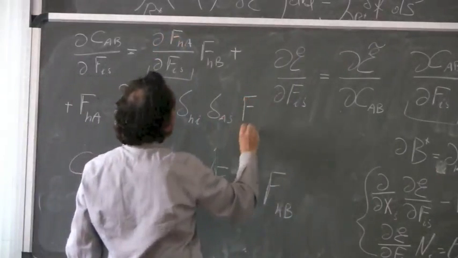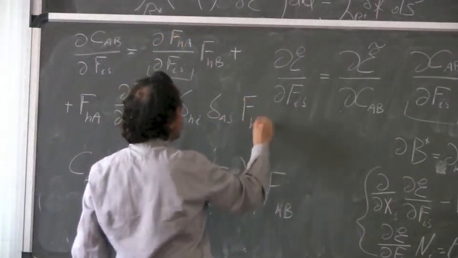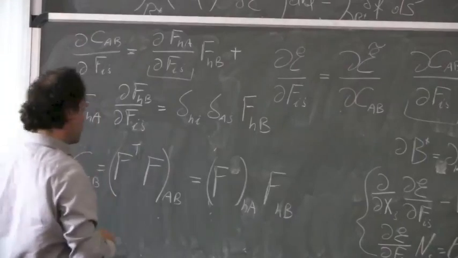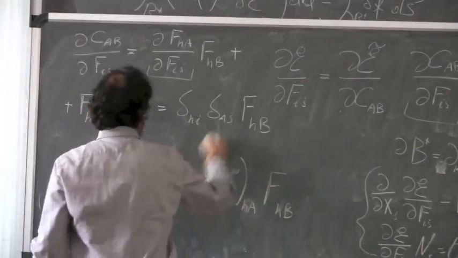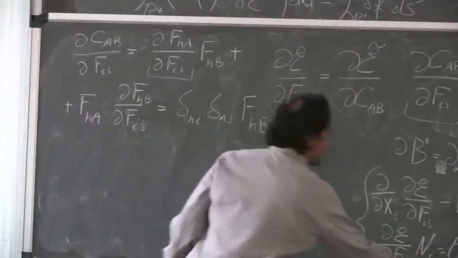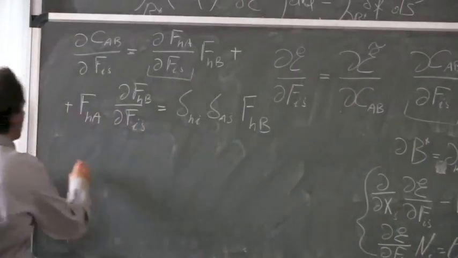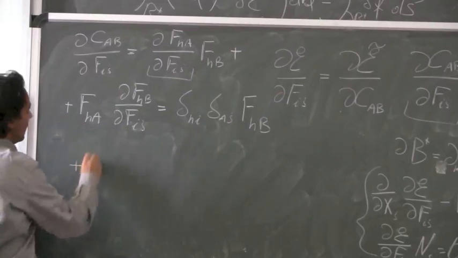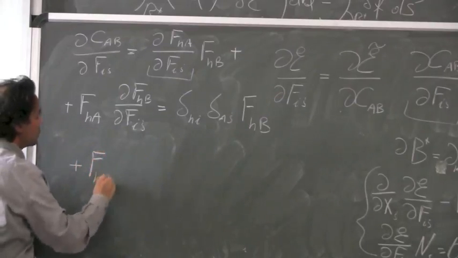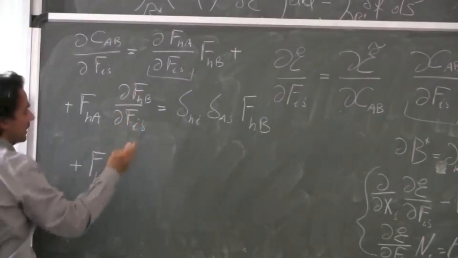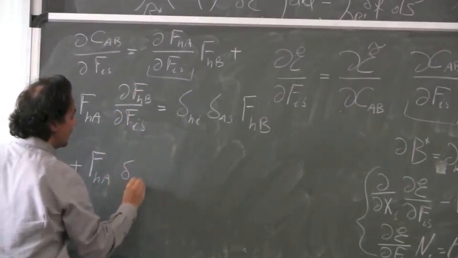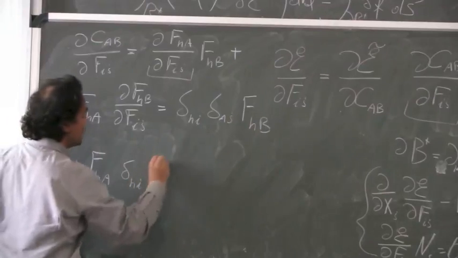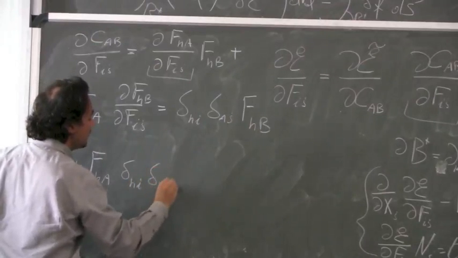And so you have to say here F_HB plus F_HA, that is the same rule, delta_HI, delta_BJ.